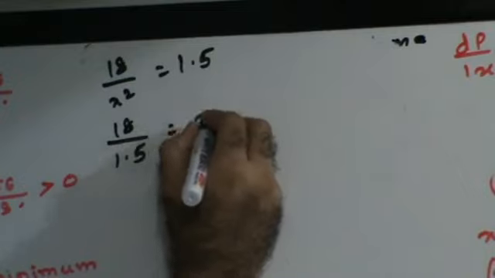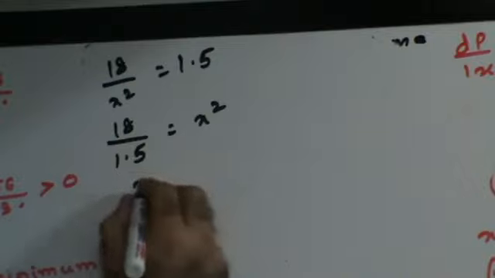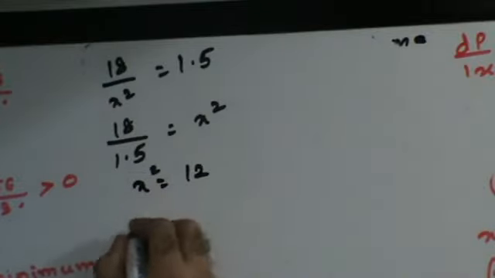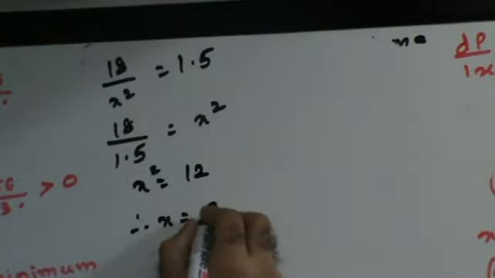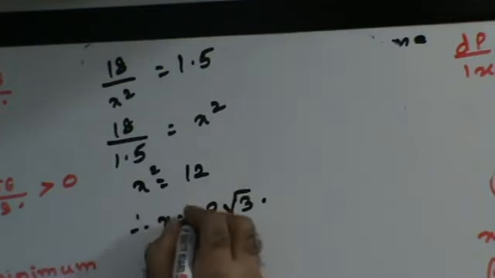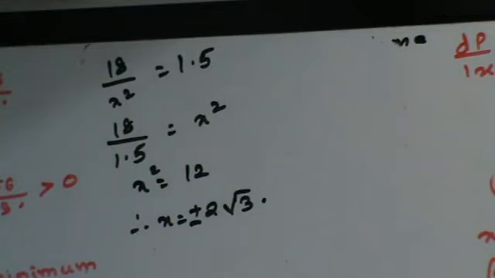So 18 upon 1.5 is equal to x square, which you will get as 12. Therefore x is 2 root 3, plus minus. You will get the value of x as plus minus 2 root 3.